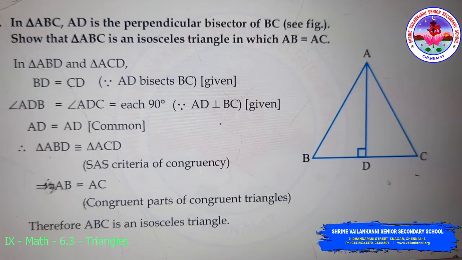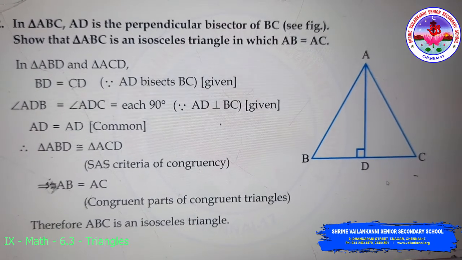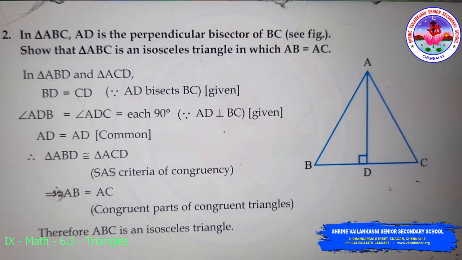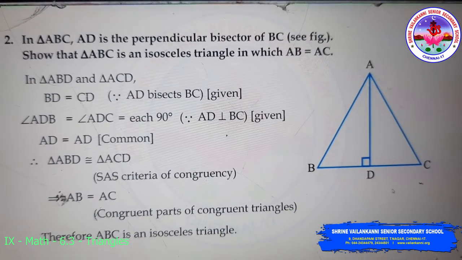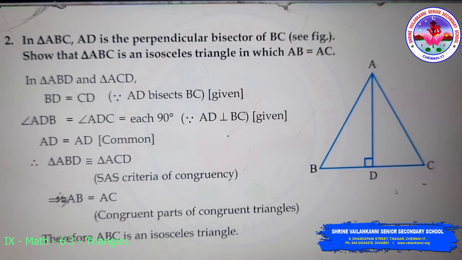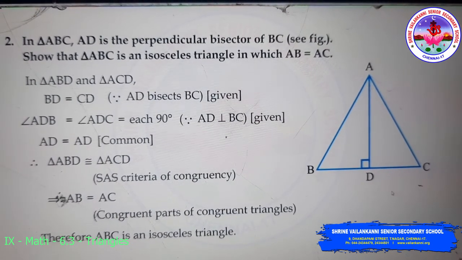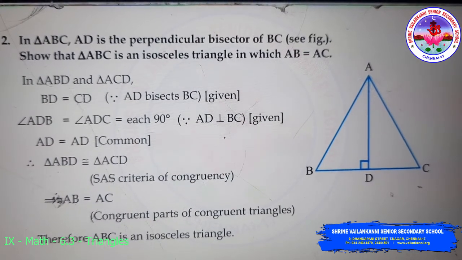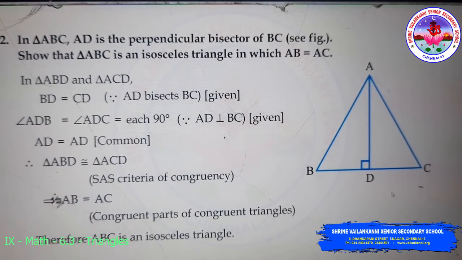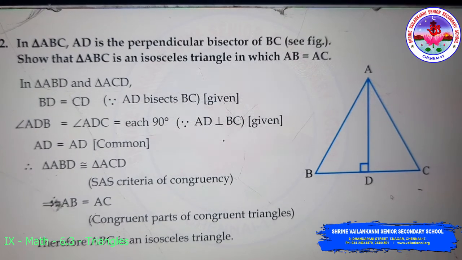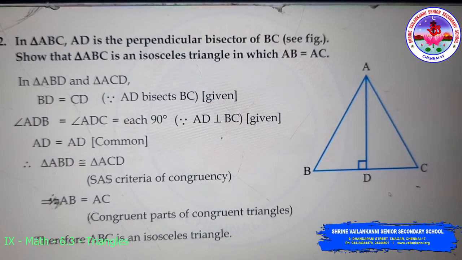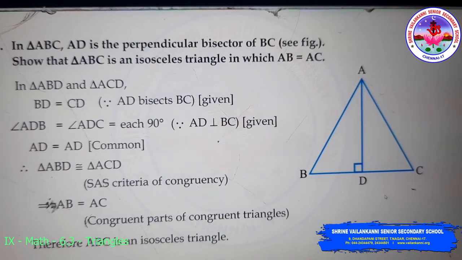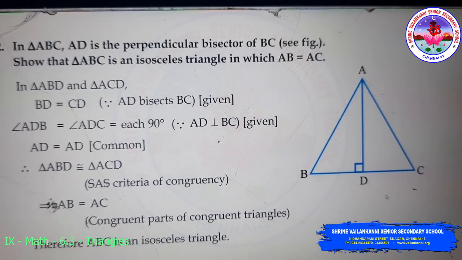And the third, AD is equal to AD. So by SAS criteria of congruence, triangle ABD is congruent to triangle ACD. By CPCT, I can relate that AB is equal to AC. So I can show that ABC is an isosceles triangle.